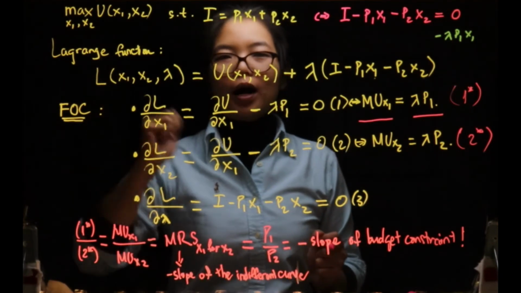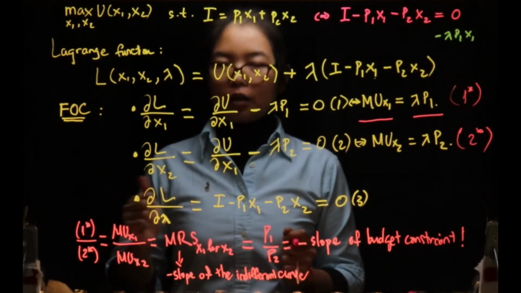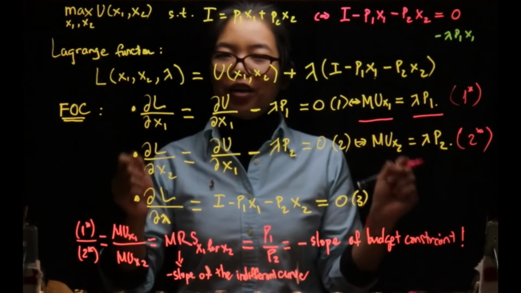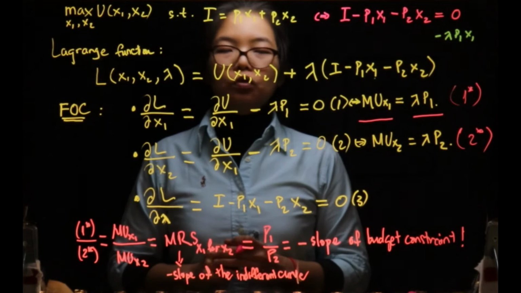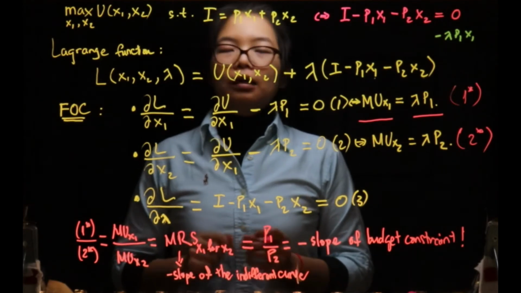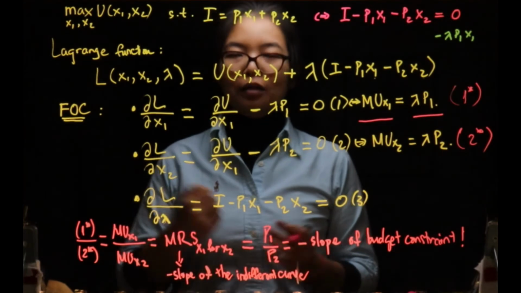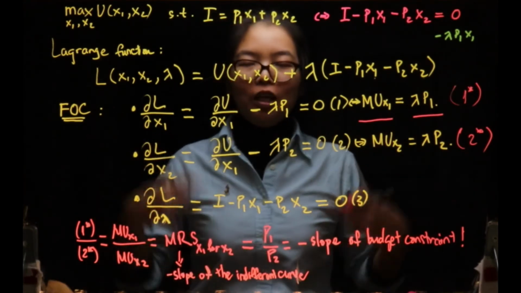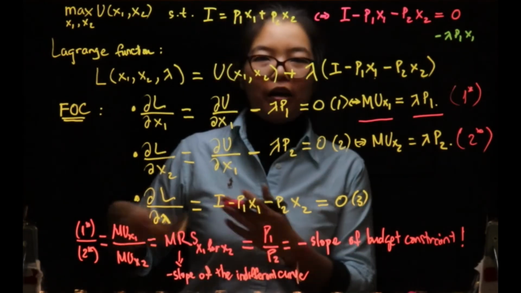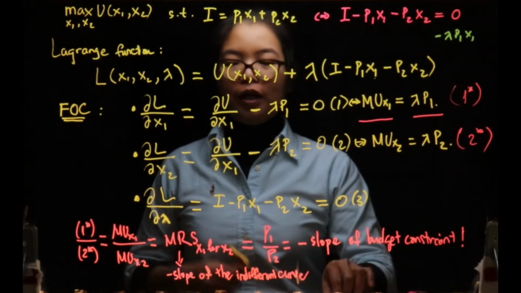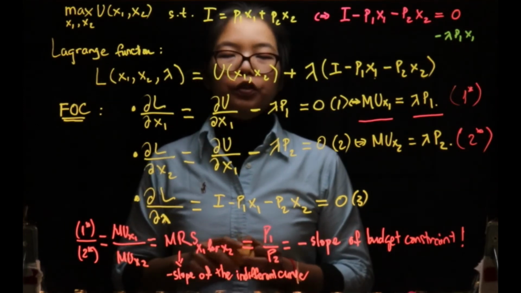So that's why the Lagrangian approach is a very nice and elegant way to solve for the utility maximization given the budget constraint that we're interested in now. And that's why we could use it. So keep in mind the idea behind it. And for now, you don't have to look at the graph anymore, and we can just go with the Lagrangian approach.